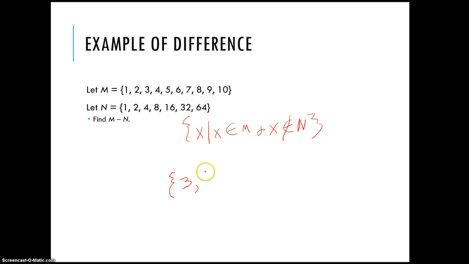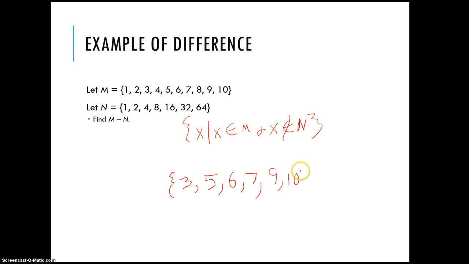Alright, what about 4? Well, 4 is an element of M, but it is also an element of N, so that doesn't go in our set. 5 is an element of M and is not an element of N, so 5 goes in here. 6 also goes in here. 7 goes in here. 8 does not. 9 goes in here.